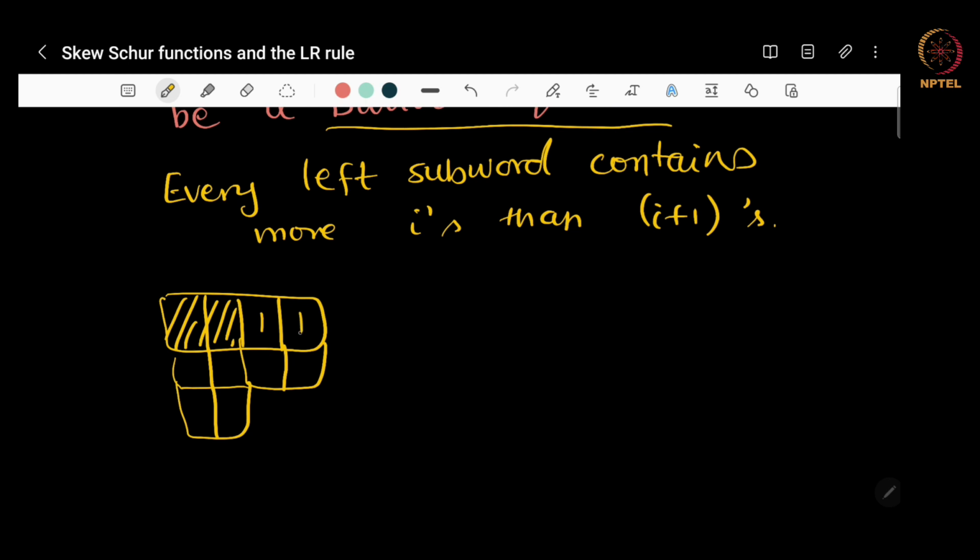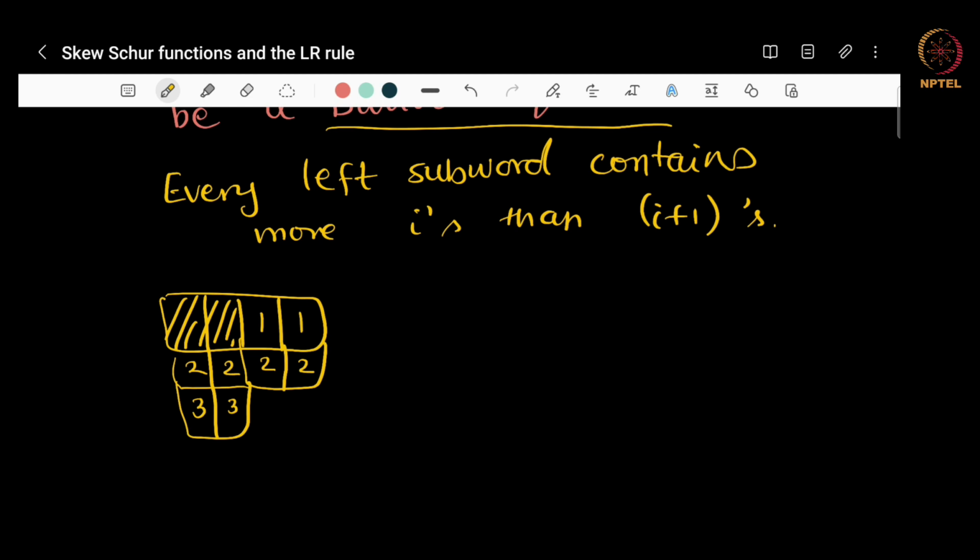I have to fill ones in the first row. That must be a 2, so it's going to be 1, 2. And that one's got to be a 3. So in this case, there's really only one way of filling it such that it's a ballot sequence. You can check that I can't really do anything else here, because I always need to see more 1s than 2s than 3s and 4s and so on.